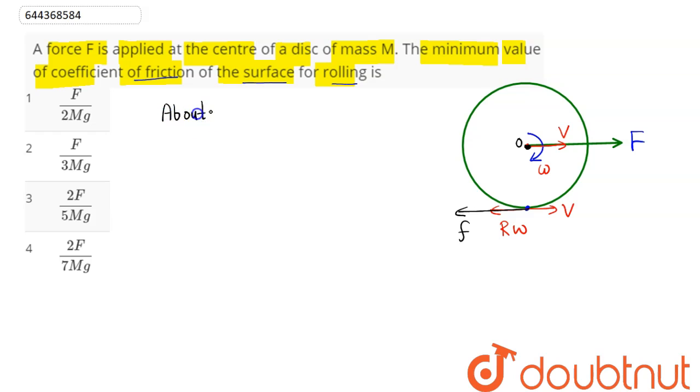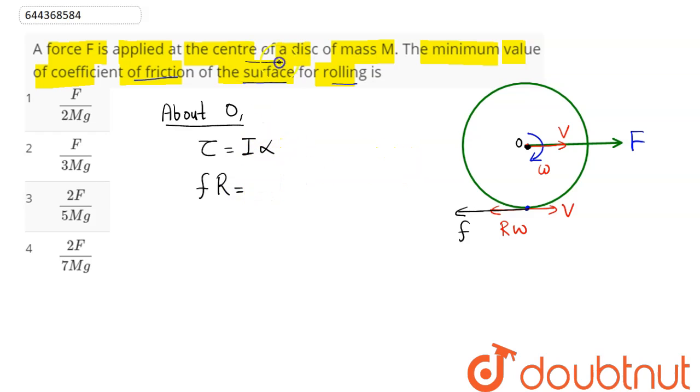We can say this comes out to be about O tau is equal to I alpha. So we can say here that our tau is equal to friction into radius r, which is equal to I into alpha.